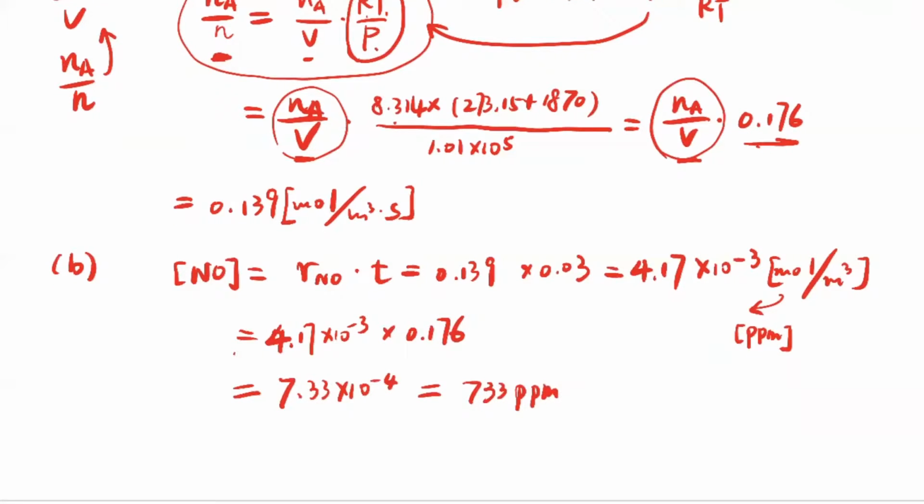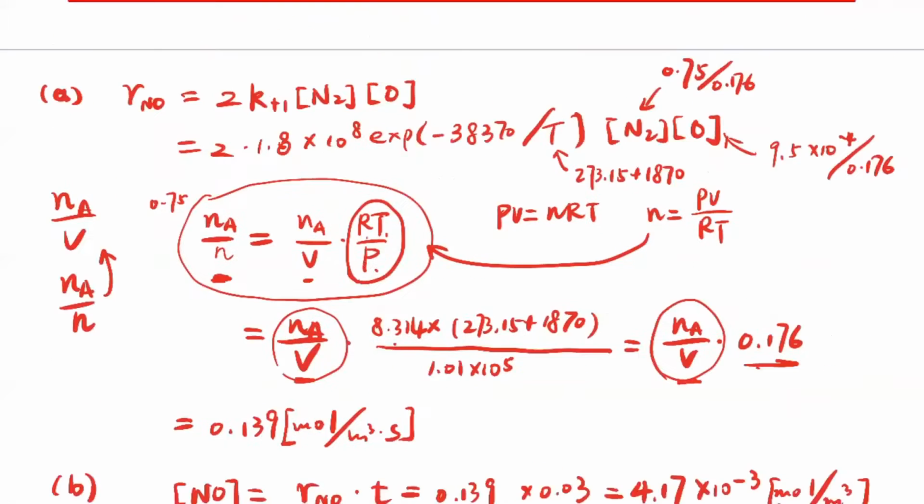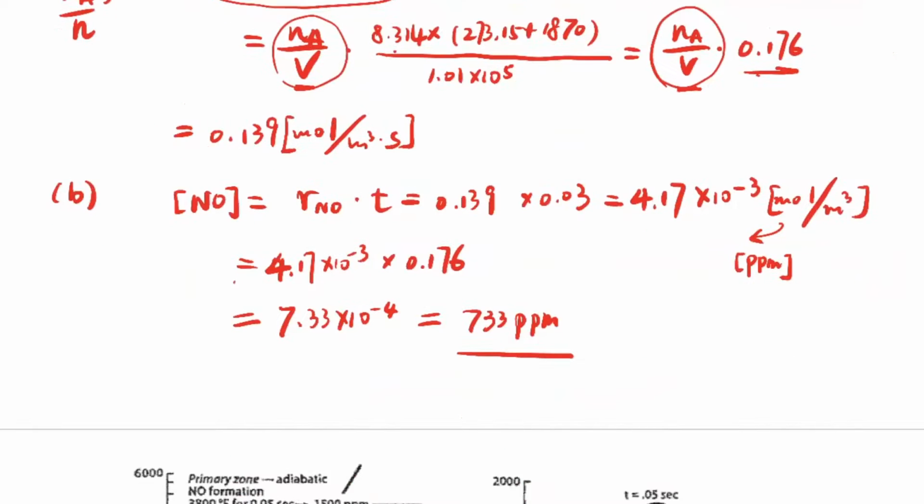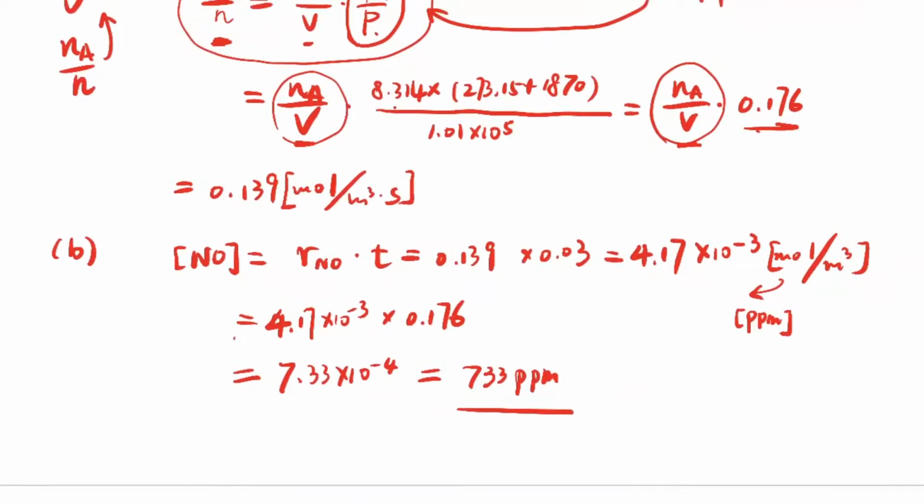Okay, so this is going to be a more accurate way to determine the formation rate or the concentration of the nitrogen monoxide, right? Here you can clearly see the difference between the reaction kinetics and the equilibrium constants.